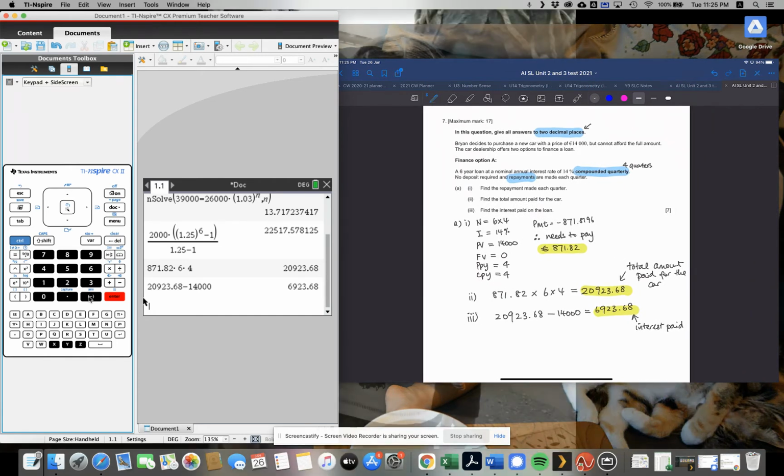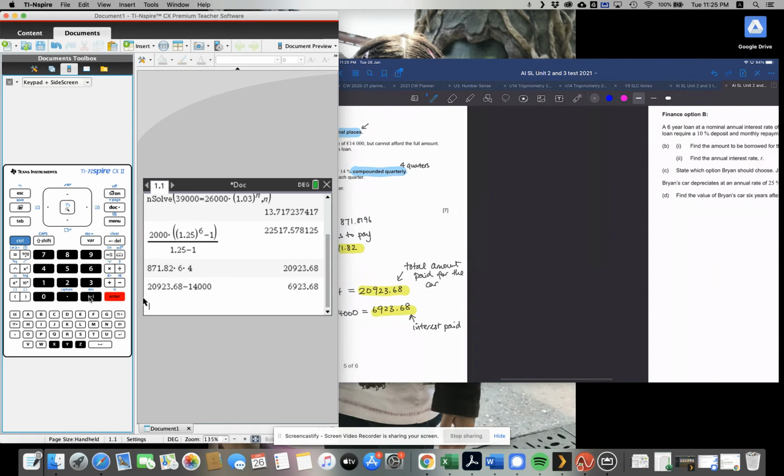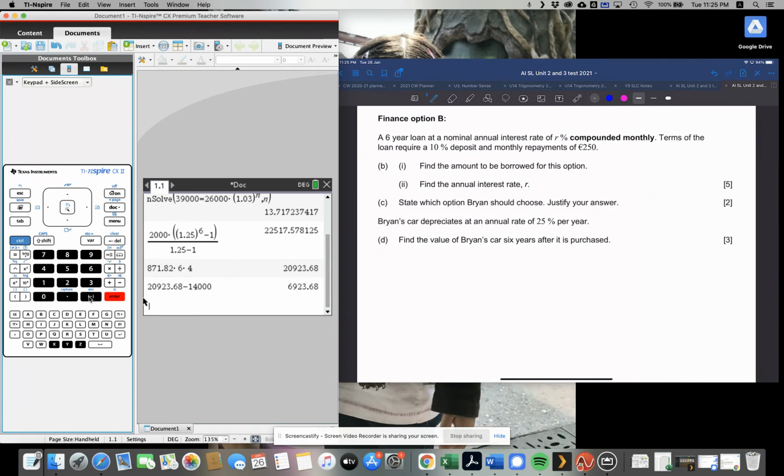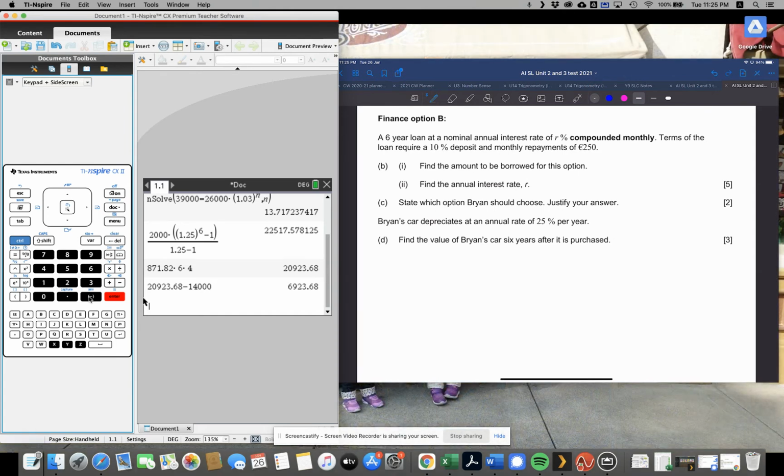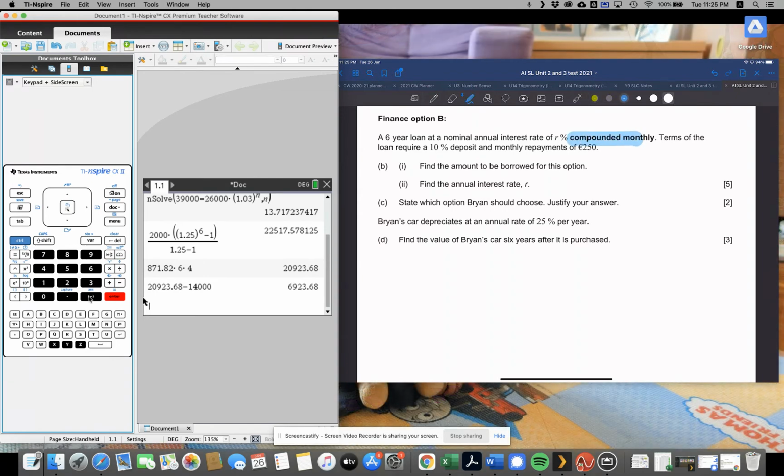Now going over to option B. Option B is a 6-year loan at a nominal annual interest rate of R% compounding monthly. So they change the plan to monthly.